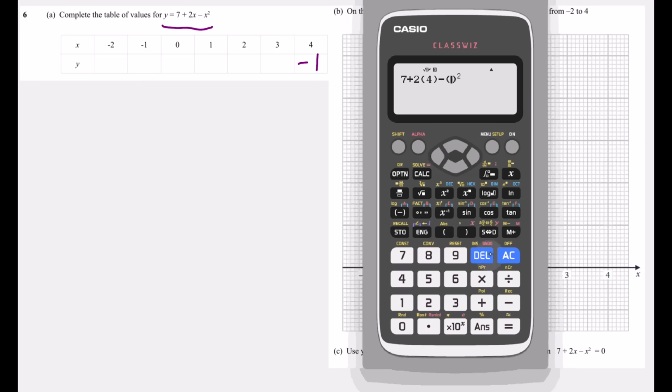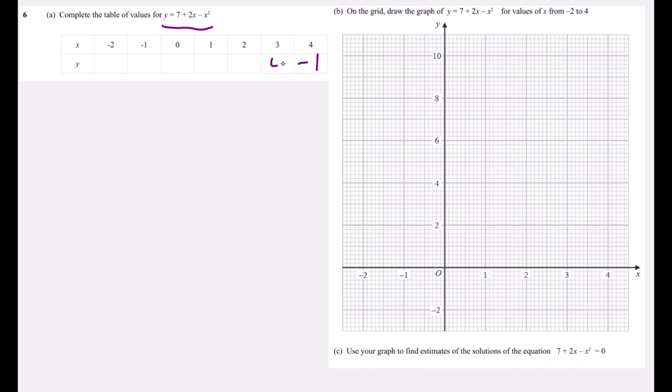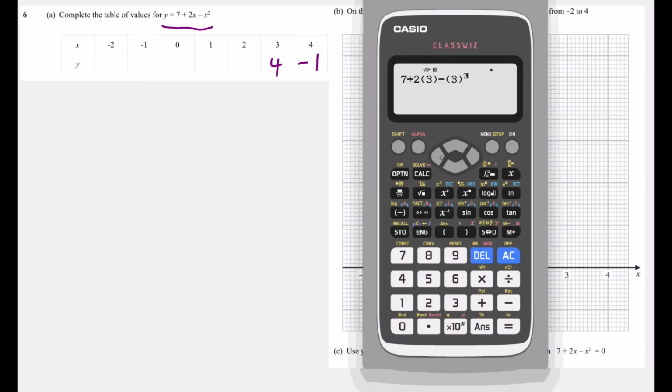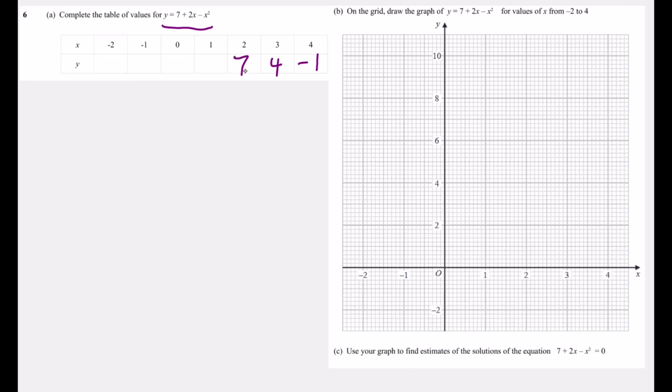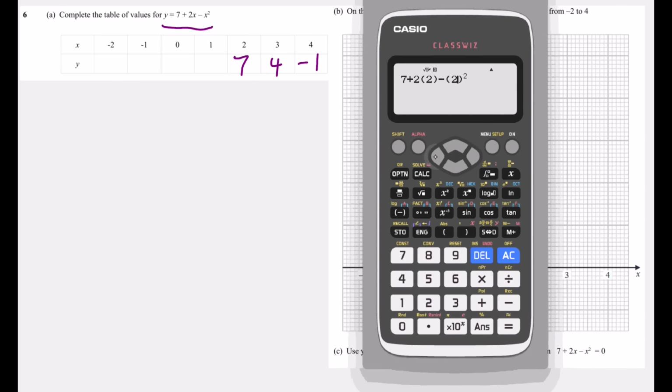Substituting 3, I can just change the number inside the brackets every time. So I've got 4. Then I've got a 2. So that gives me 7. And 1 gives 8.